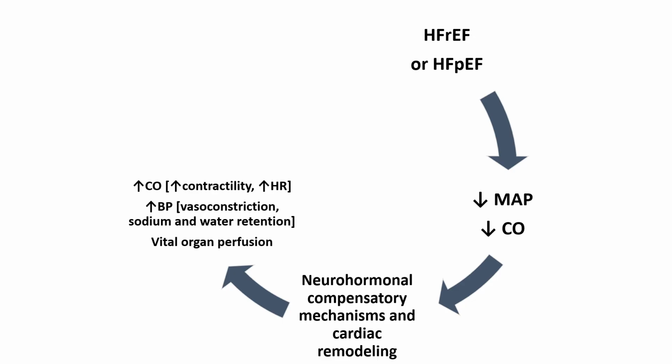But these systems are continuously turned on, and that's what's important to understand, in order to compensate for the failing heart's inability to maintain normal cardiovascular homeostasis. The continued progression of heart failure eventually leads to a critical reduction in blood flow to all vital organs.